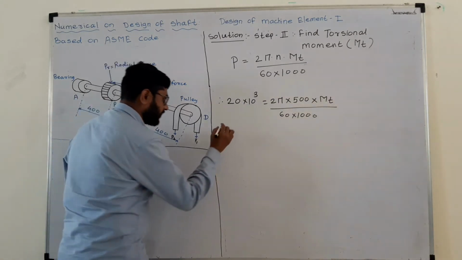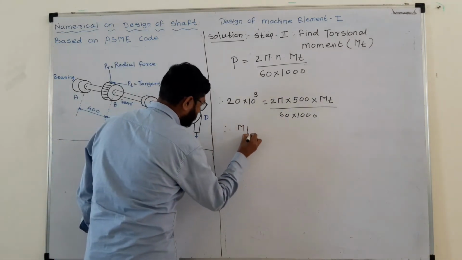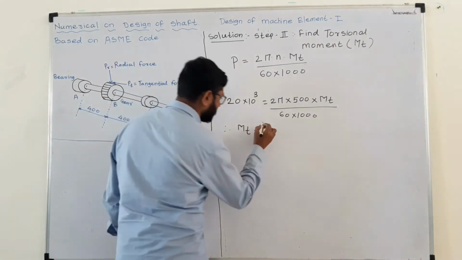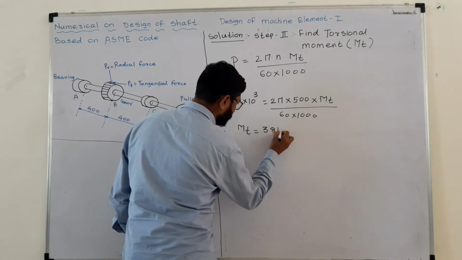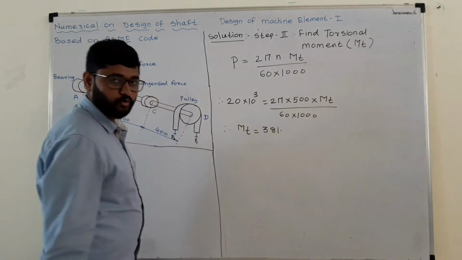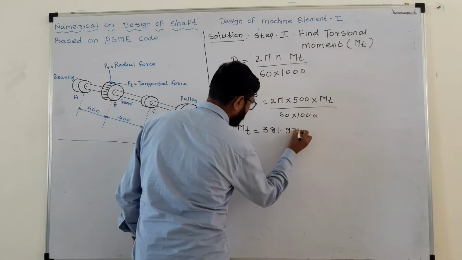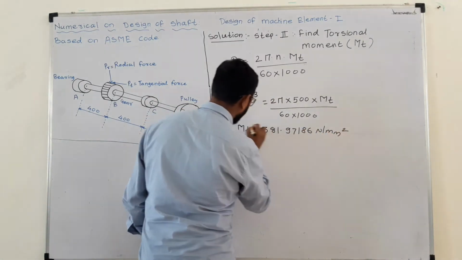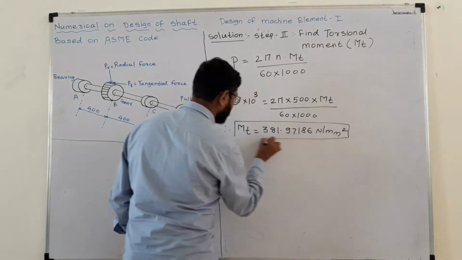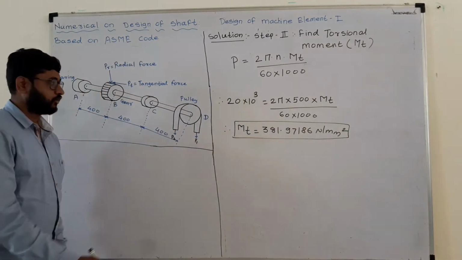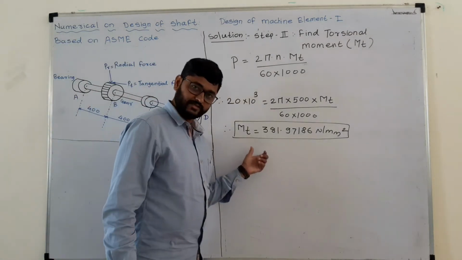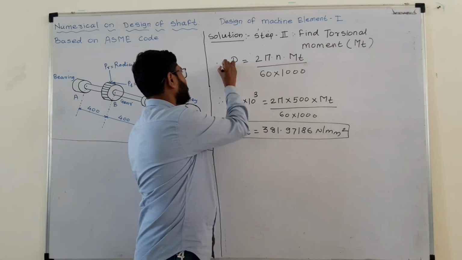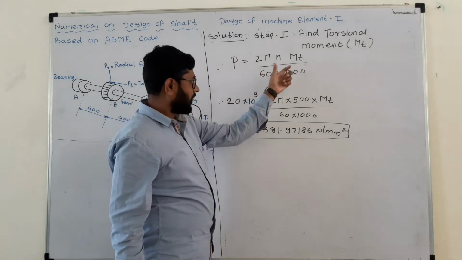So by calculation, we will get torsional moment MT equal to 381.97186 Newton per mm. So we get the answer for torsional moment by using the equation power P equal to 2 pi N MT upon 60 into 1000.